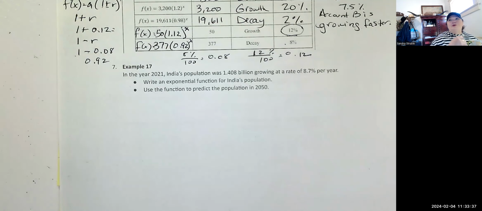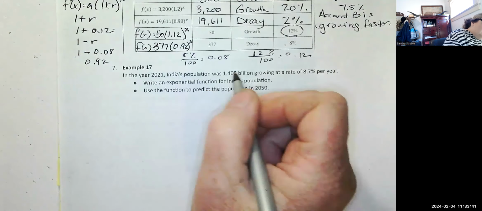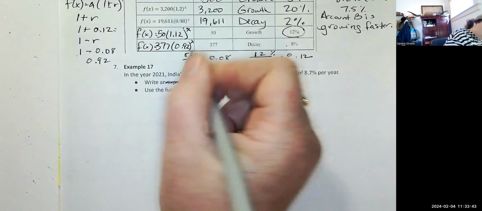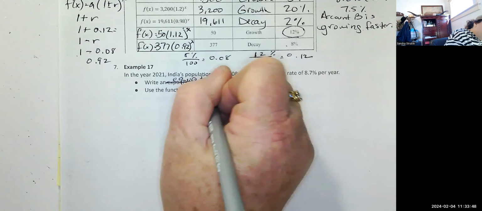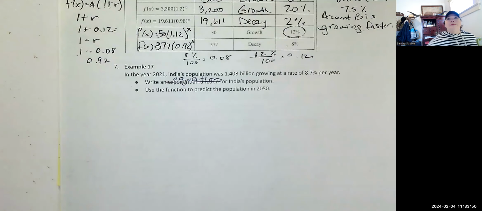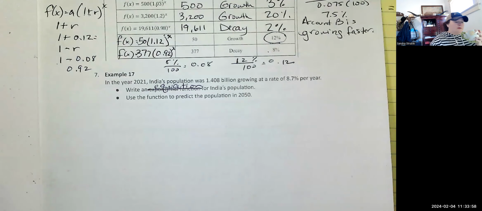I'm going to tell you to write an equation or write a function to represent India's population. Just to let you know, not to expect me to tell you which type of function you're dealing with here. That's part of what you need to understand from this lecture and doing the homework.